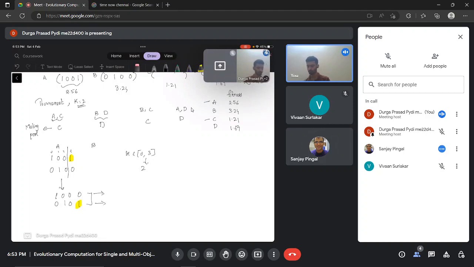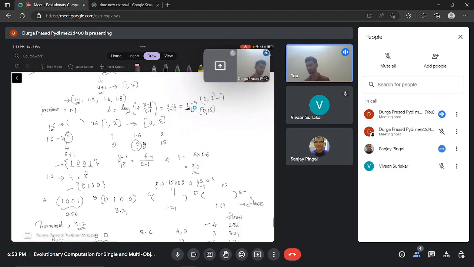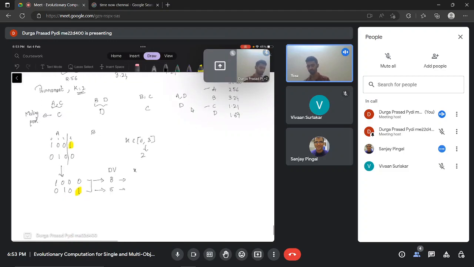Again, from this I convert the binary form to decimal. This essentially comes to 2 cube 8, and 1 plus 4, 5. And from 8 and 5, I convert to the actual values of x. This is my decoded value. From the decoded value, I convert to x using the previous mapping we defined here, using the same mapping in the reverse way.